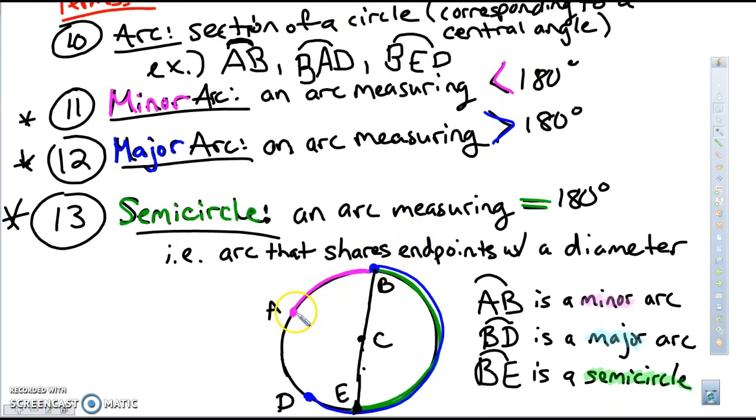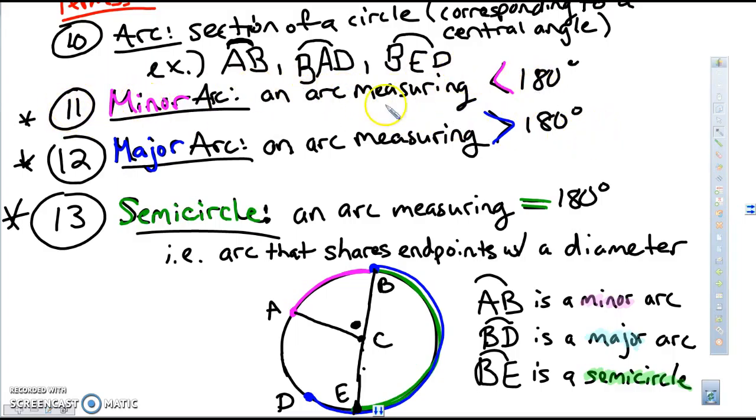For example, the arc AB corresponds to this angle ACB. And clearly you can see that this angle right here is a lot less than 180 degrees. So the arc measure is going to be the same as the central angle measure. Maybe write that down. That's going to be a theorem we'll see later, but for now just know that arc measure is the same as the central angle measure.